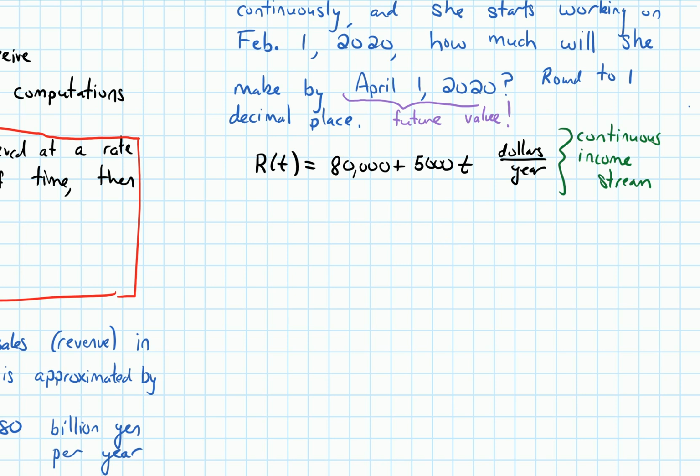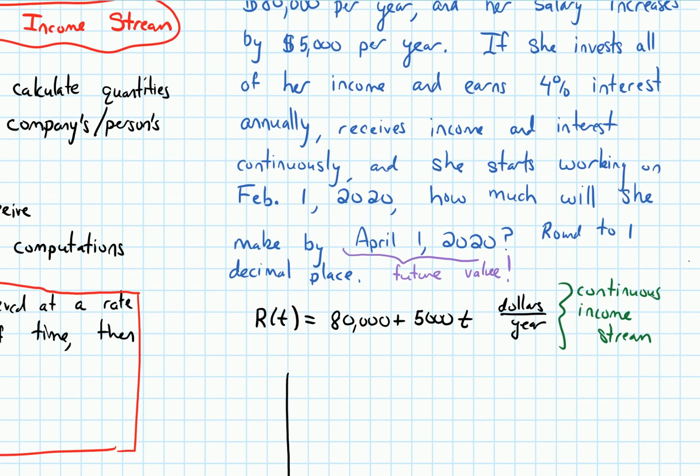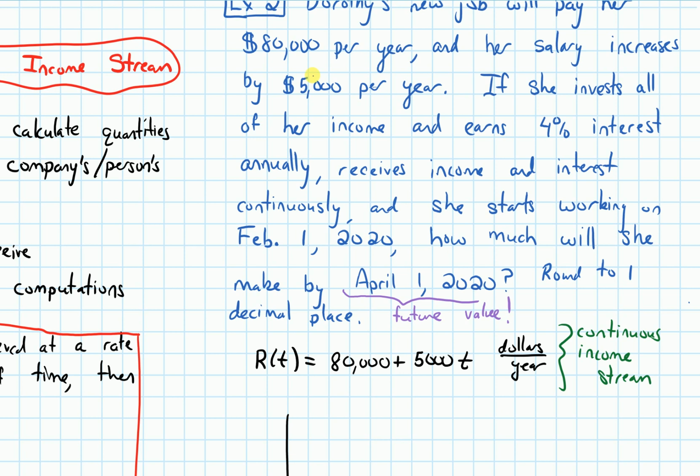Now I'm going to draw a graph. Let's draw some axes, and I'm going to label this axis with t, because most of the units in the problem for time are per year. Those are these dollar amounts, 80,000 per year, 5,000 per year.